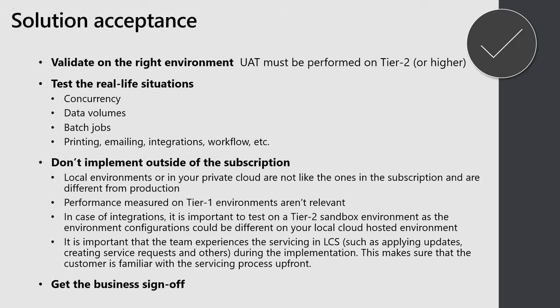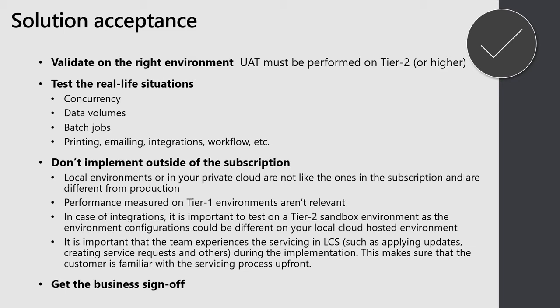So doing any kind of testing on Tier 1 is a definite no for us to say we cannot deploy production for you. When we do a production deployment readiness review, if we notice in telemetry that you have done your testing in Tier 1, unfortunately there's no way we'll be able to tell you, hey, go ahead with production deployment. We will not be able to do that. So that is the reason why you should make sure that UAT is always performed on Tier 2 or a higher environment.